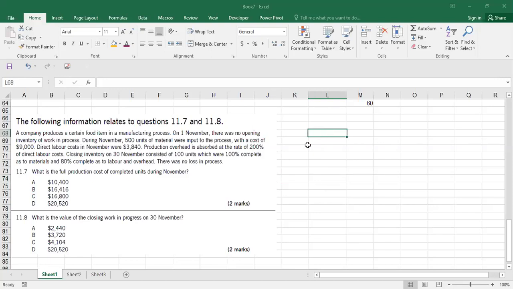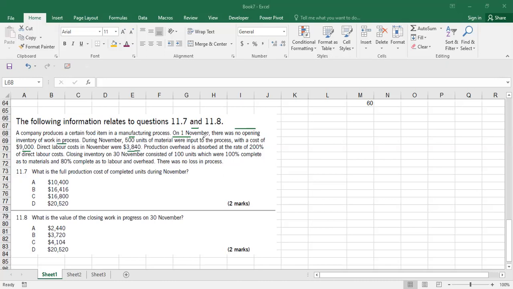So what happens is that it says a company produces a certain food item in a manufacturing process. On 1st November, there was no opening inventory of work in process. During November, 500 units of material were input to the process with a cost of $9,000. Direct labor cost in November was 3840.